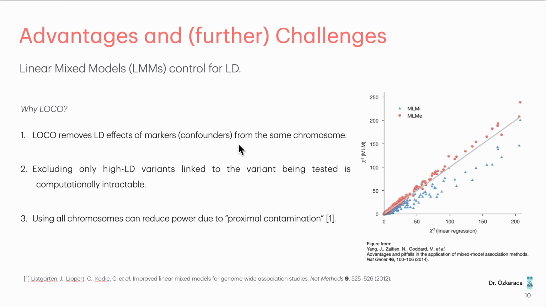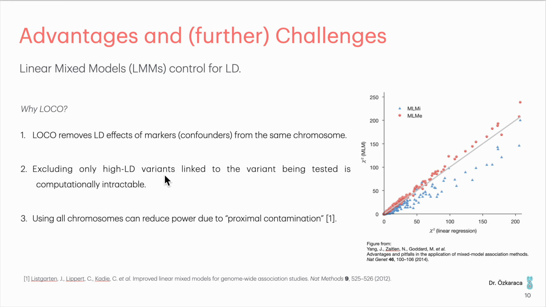And because of that, removing the confounding LD effect from the same chromosome is important. It is not the ideal setup statistically, because we would only want to exclude the high LD variants that are linked to the variant being tested.